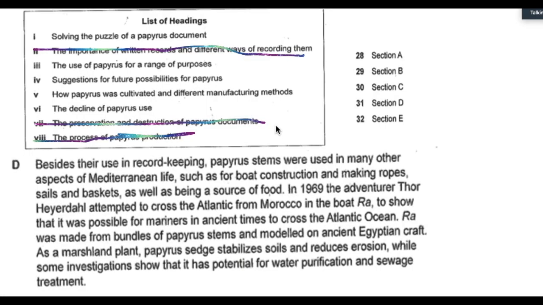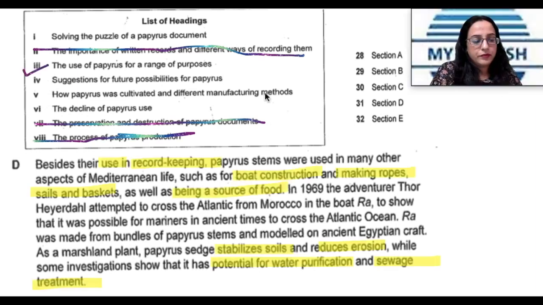Let's move further. So I have eliminated 2nd, 7th and 8th. Now I have para D and I have 1, 2, 3, 4, 5 options. So I want you to take a look at them. Alright, now the answer is number 3, which is the use of papyrus for a range of purposes. It is absolutely clear that besides their use in record keeping, everywhere it is talking about the use of papyrus only.